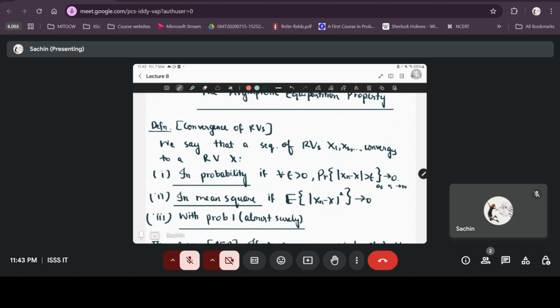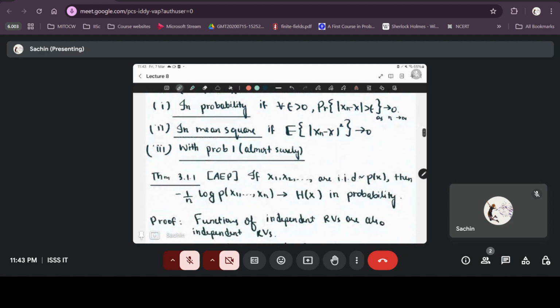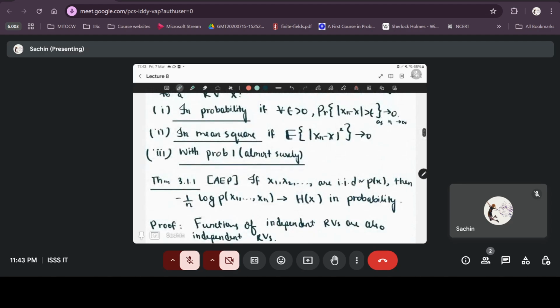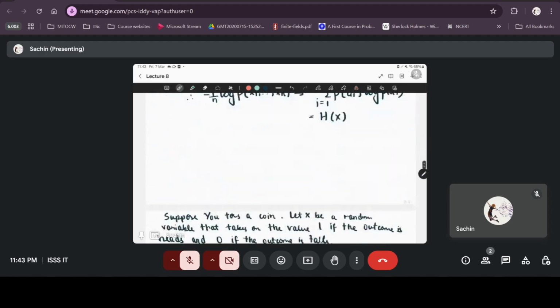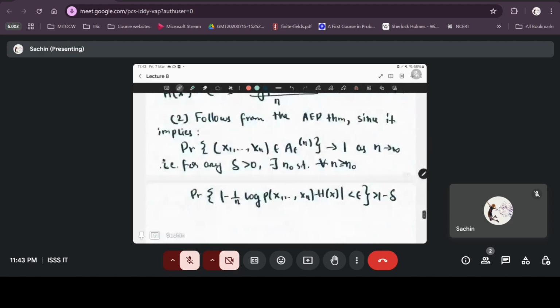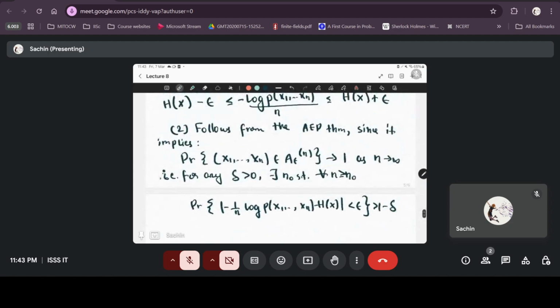If you switch it up and write probability of xn minus x less than epsilon, then that will be greater than 1 minus delta because it's the complement event. So here instead of xn, we have minus 1 over n log of p of x1 to xn, and it is converging to h of x instead of x. So probability of the magnitude of minus 1 over n log of p of x1 to xn minus h of x being less than epsilon is greater than 1 minus delta for sufficiently large n, and we can choose epsilon and delta however we want.